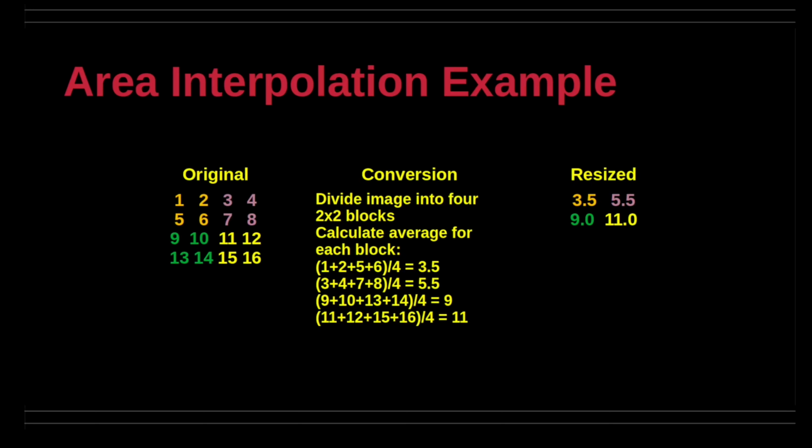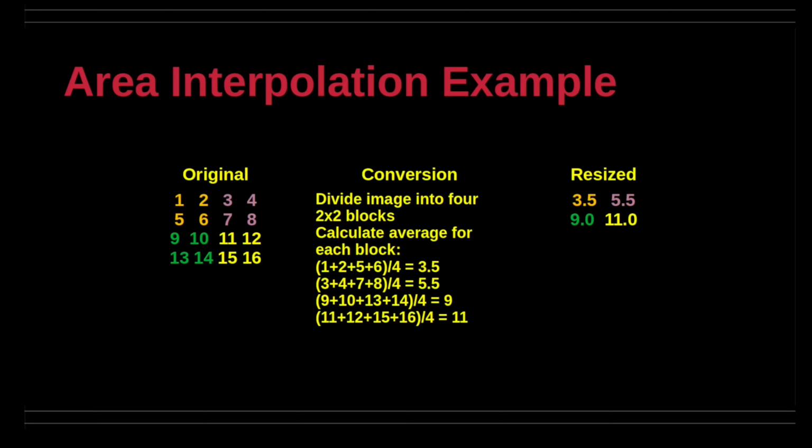For each block, compute the average of all pixel values within it. Assign the average value to the corresponding pixel in the downsampled image. Each block in the original image maps to a single pixel in the downsampled image.